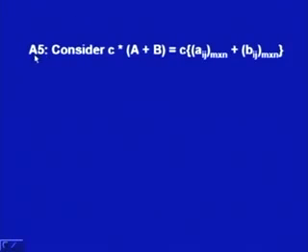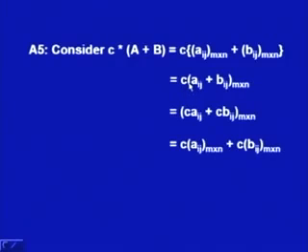The next is A5, that is, scalar multiplication is distributive over vector addition. So, we consider Aij, the ijth element of m by n matrix A, and Bij, the ijth element of m by n matrix B. When c is multiplied with this, let us see what will happen. c multiplied by Aij plus Bij. When we add two matrices, it is done element wise, so the ijth element of A and the ijth element of B will be added together, giving us Aij plus Bij of the m by n matrix.